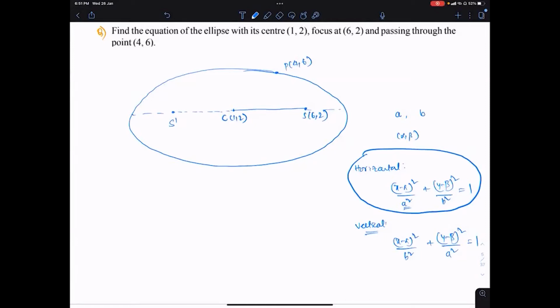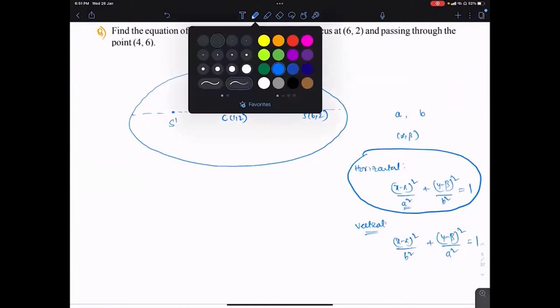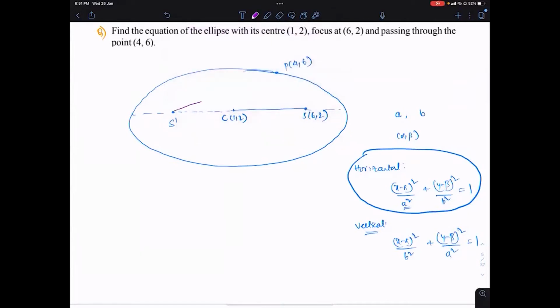How to find them? Simple, guys. In an ellipse you have this property: SP plus S dash P is 2A. How to find S dash? Simple, the midpoint of S and S dash is C only, so you can find S dash. That's not a big task.